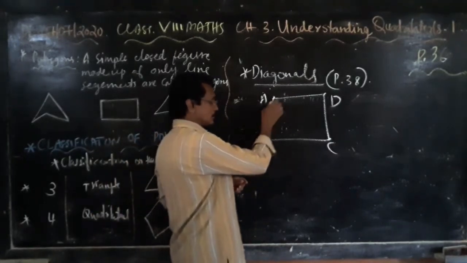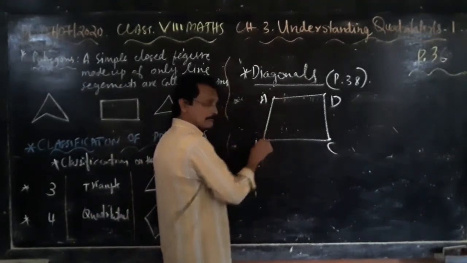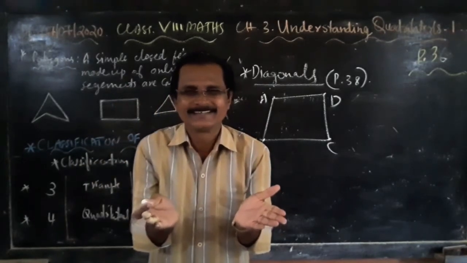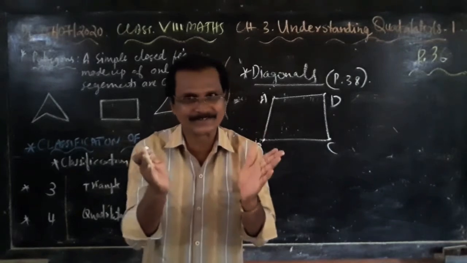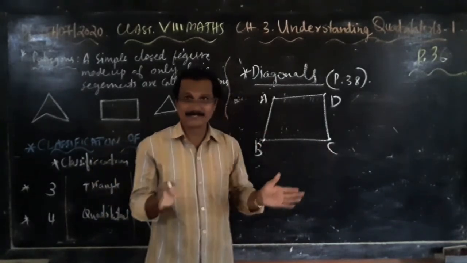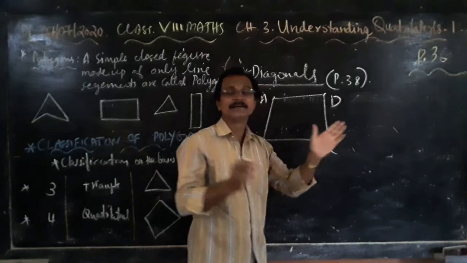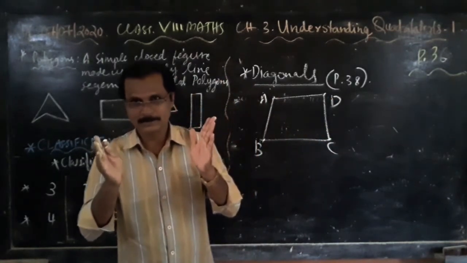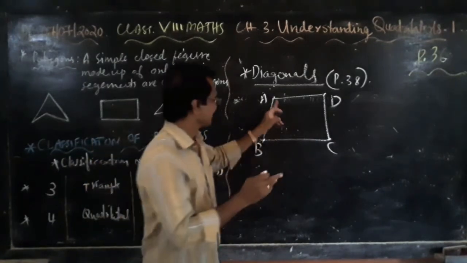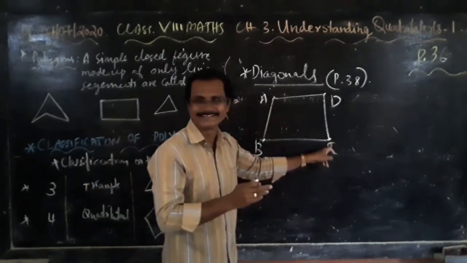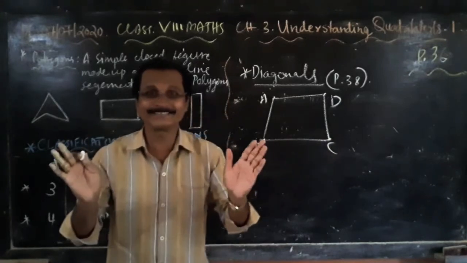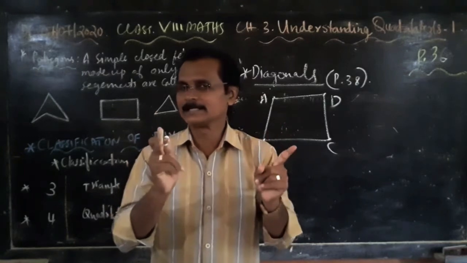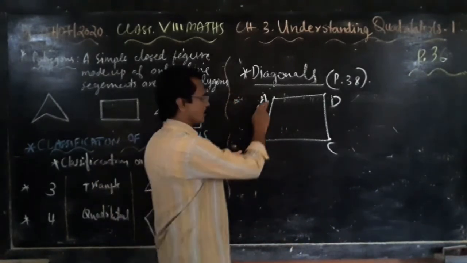Now non-consecutive. Now A and B, what are they? Neighbors. That is consecutive. A and B, neighbors, consecutive. B and C, neighbors, consecutive. C and D, neighbors, consecutive. D and A, neighbors, consecutive. But vertices A and C are not neighbors. So that is non-consecutive, opposite.